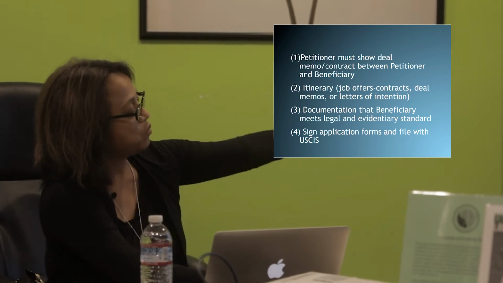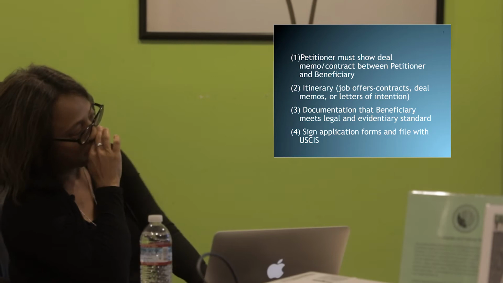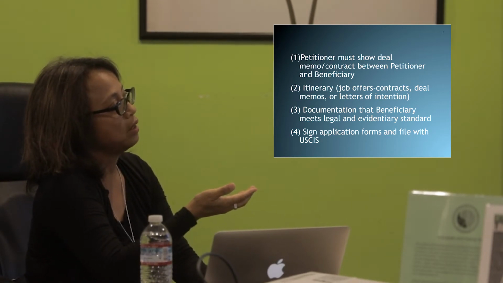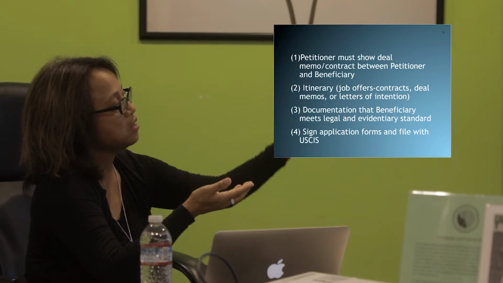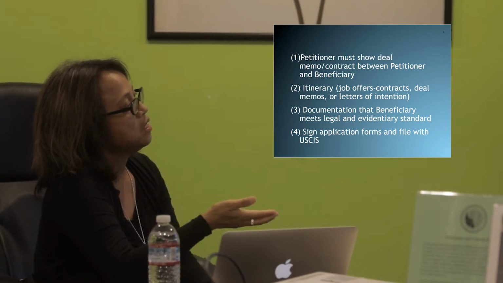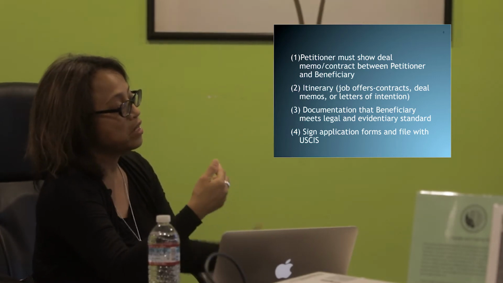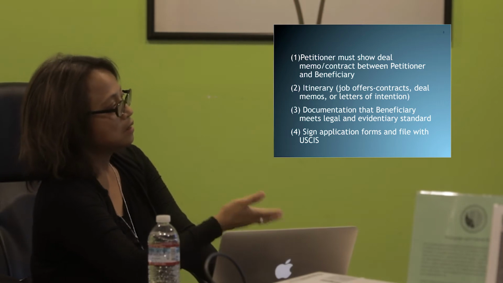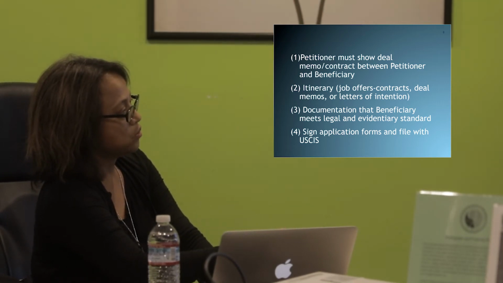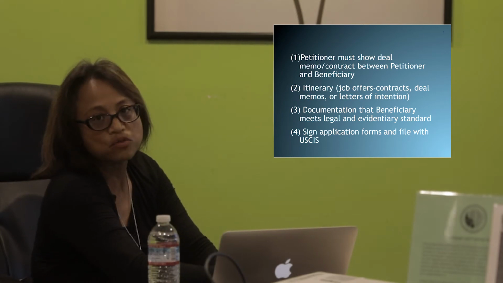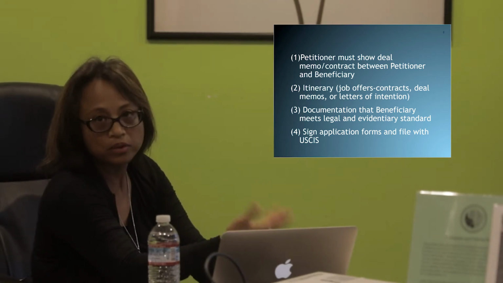Then the itinerary, which is important, is an explanation of what the person is going to be doing on the O visa. And then the documentation showing that the beneficiary meets the legal and evidentiary standard. They also have to be responsible for signing the application forms and filing with immigration.